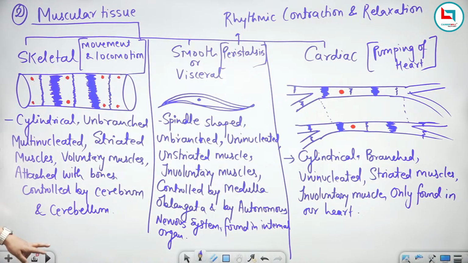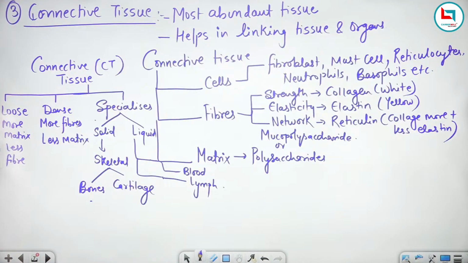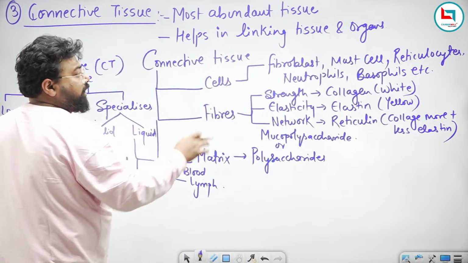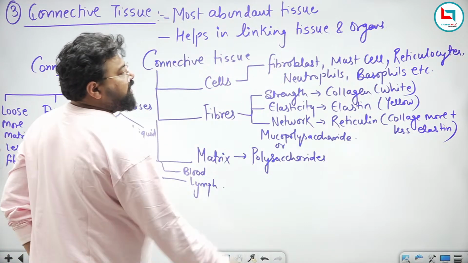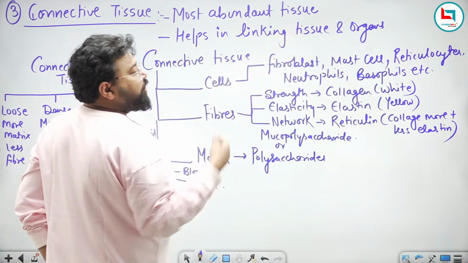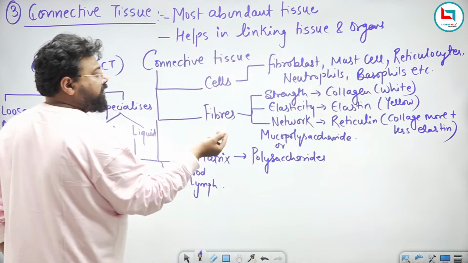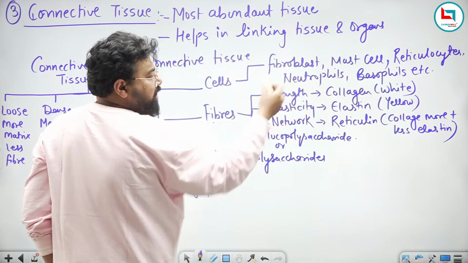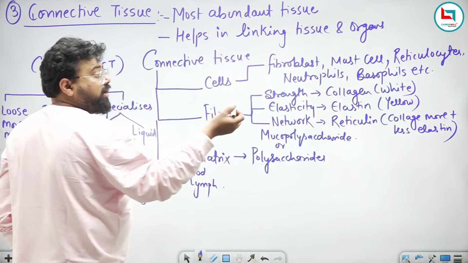Is that clear? Next thing is we have discussed connective tissue, which is the most abundant tissue and helps in linking tissue and organ. Connective tissue contains three basic things. Cells like fibroblast, mast cell, reticulocyte, neutrophil, basophil, etc. Fibers: strength is provided by collagen, which is white in color.